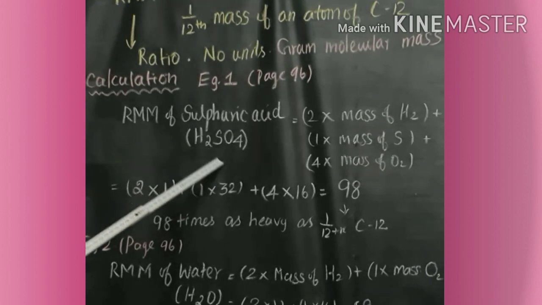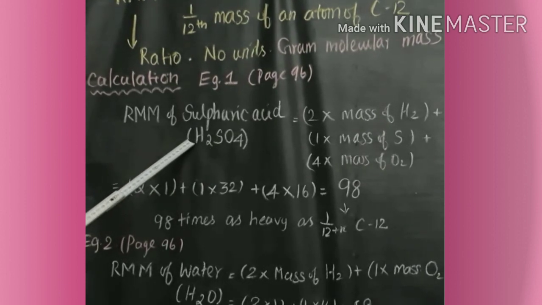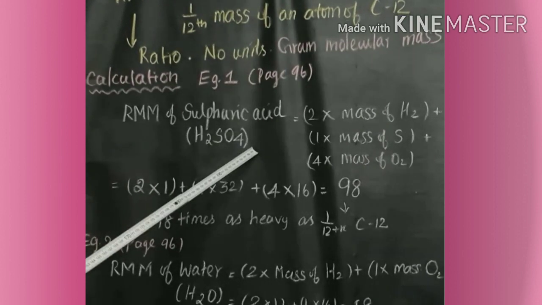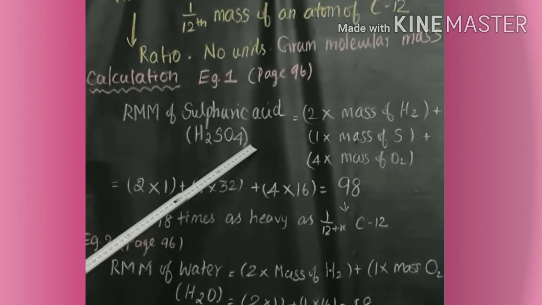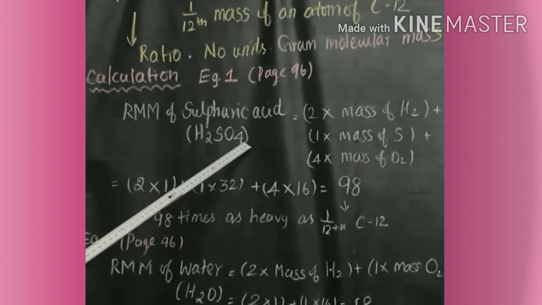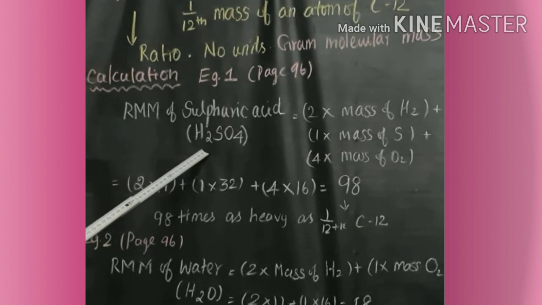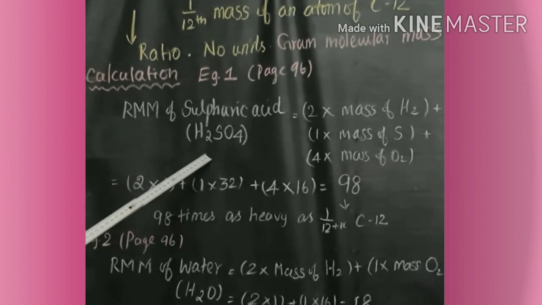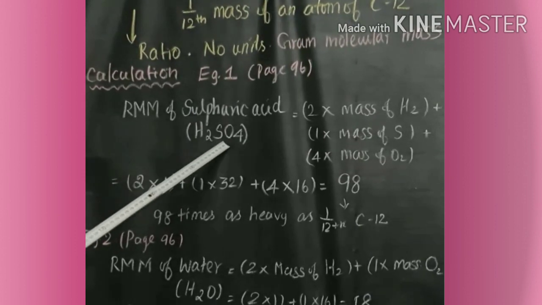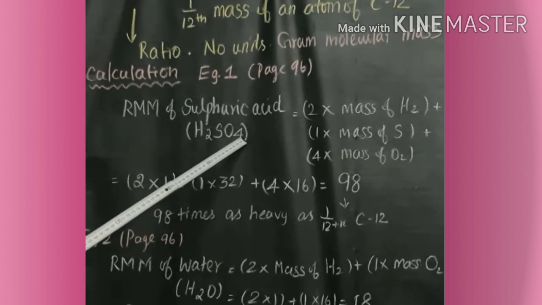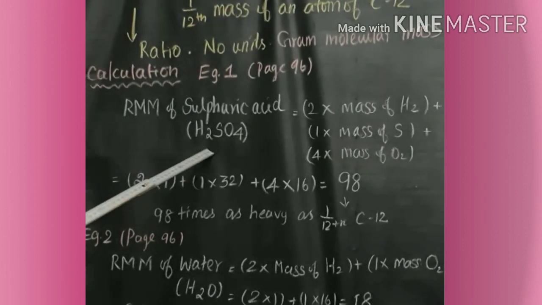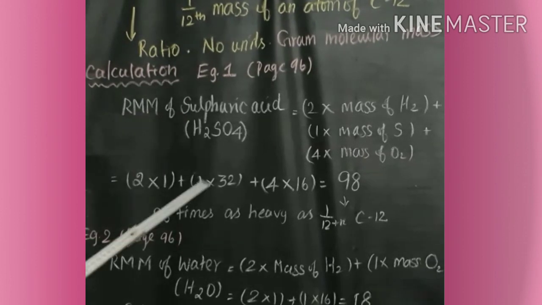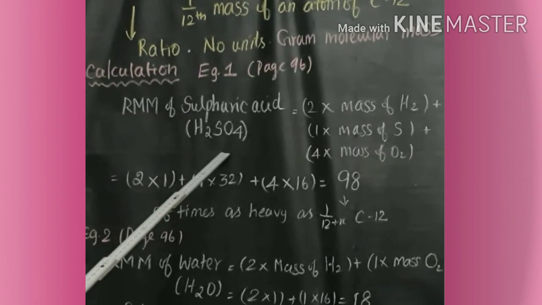The first thing you have to write is the molecular formula of sulfuric acid. I think you all know this, but again I want to recall. What is the molecular formula of sulfuric acid? H2SO4.